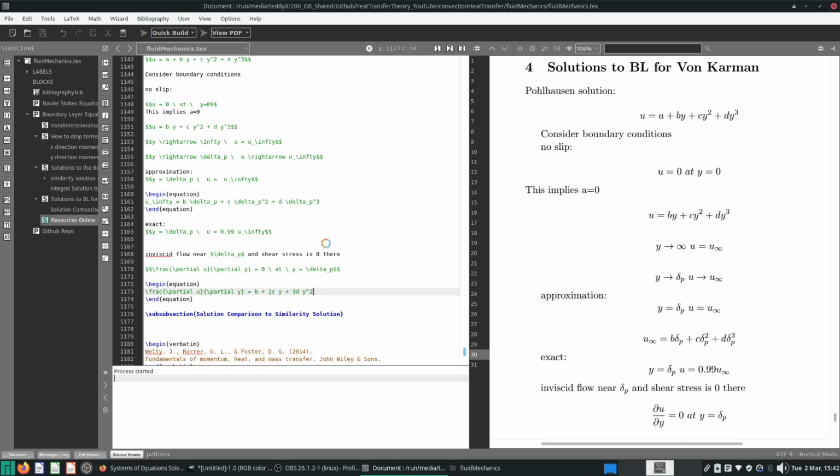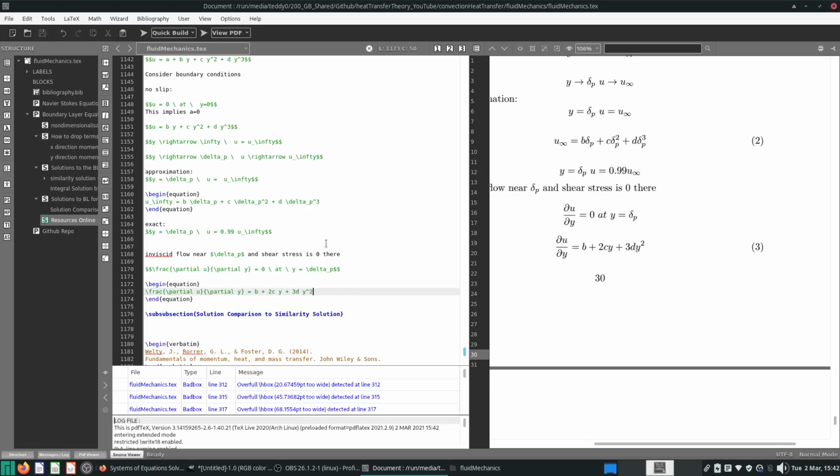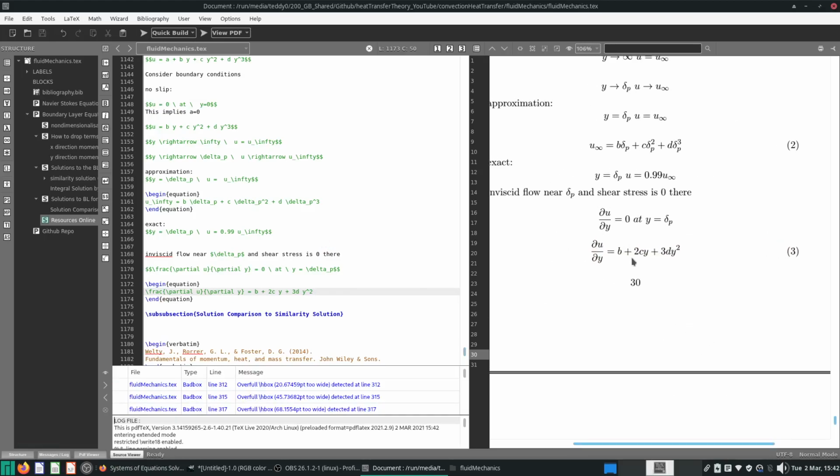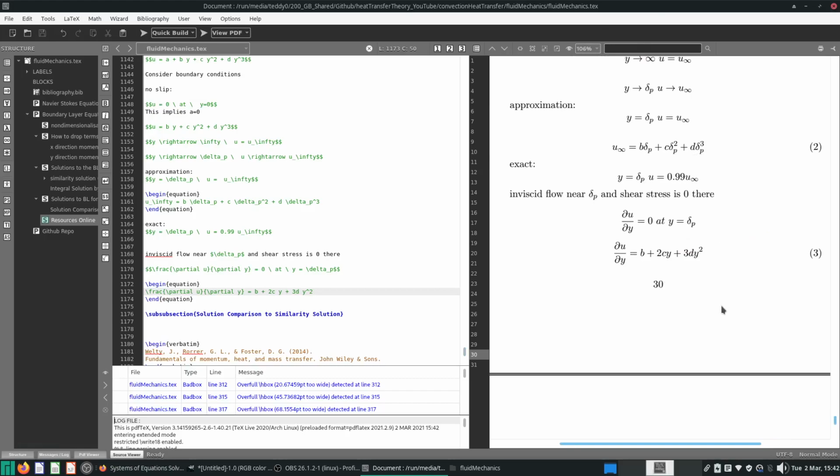Now we need to put in another boundary condition.